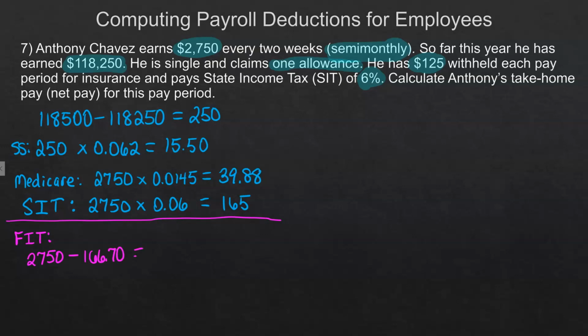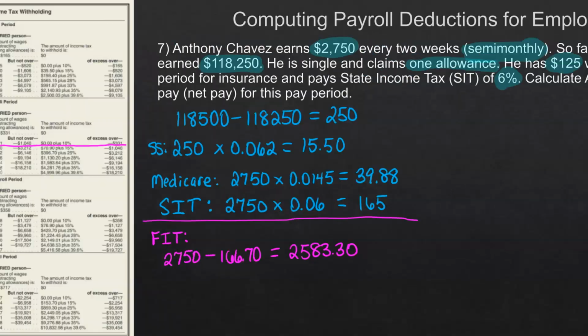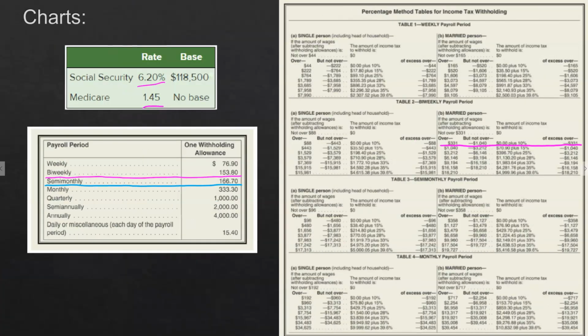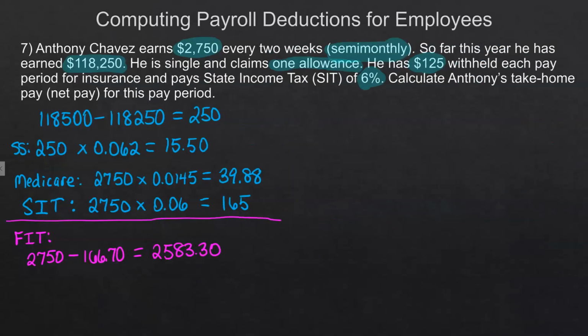There was just one allowance, so we don't have to do anything but that. And then we will take that to the chart for single and semi-monthly, right? So single and semi-monthly is here, and the amount is $2,533.30, which is this line right here. Whoops, I need to do that a different color. Okay, so that's what we'll calculate on.